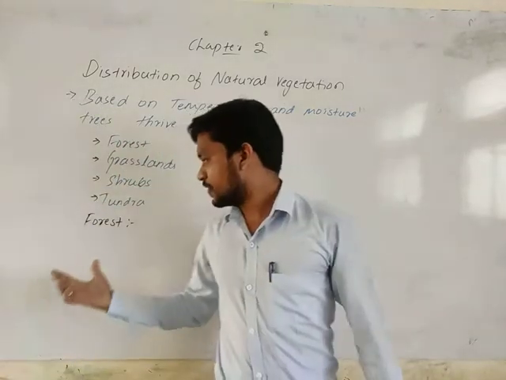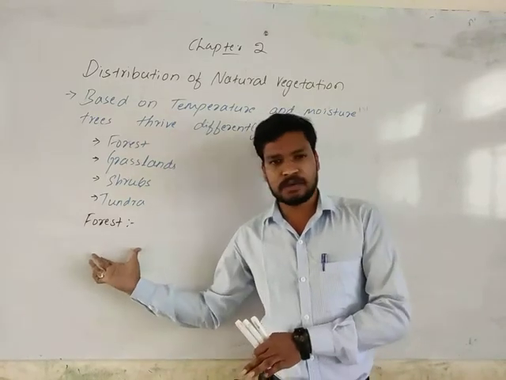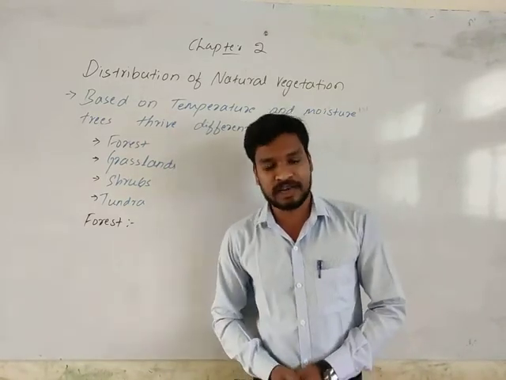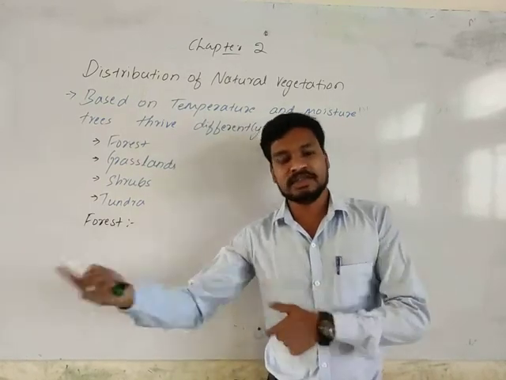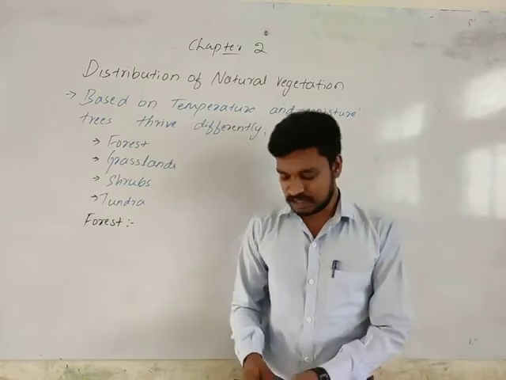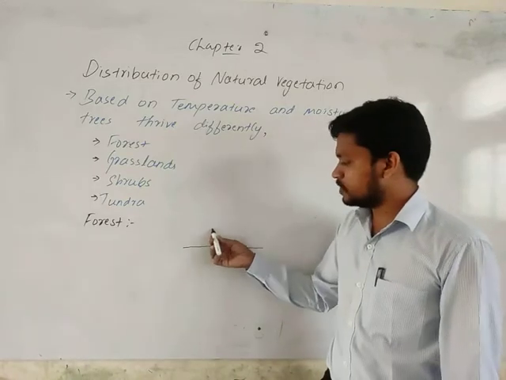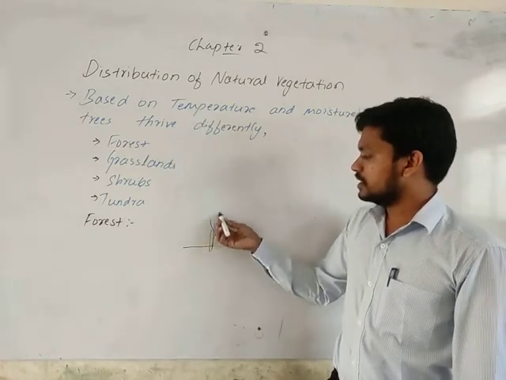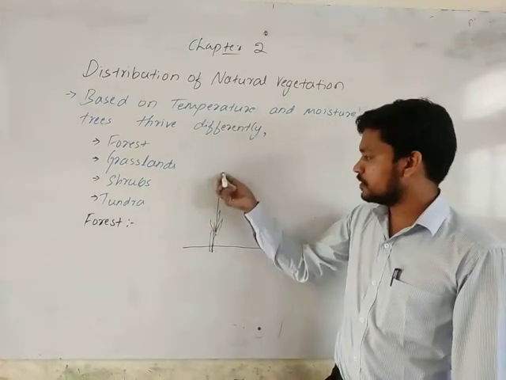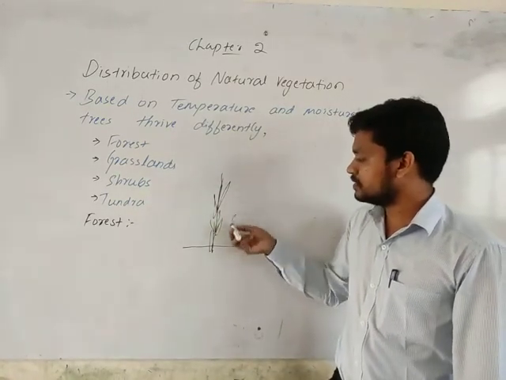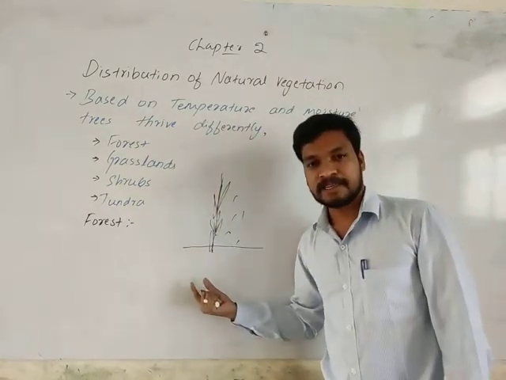The group of trees grows well in areas which receive high temperature, and this has a link to the availability of water. How? An area with high temperature supports the growth of plants. When the plants grow taller, the elevation of the trees supports precipitation, and we get rainfall because of the height of the trees and plants.